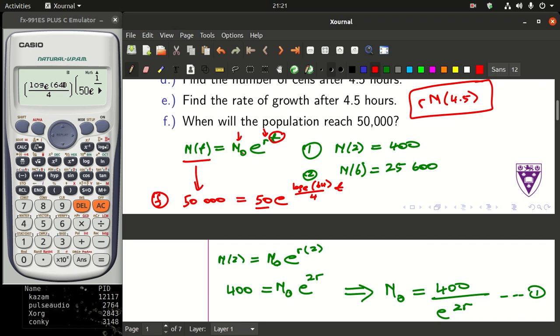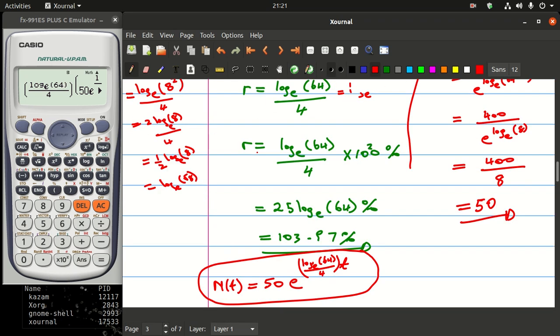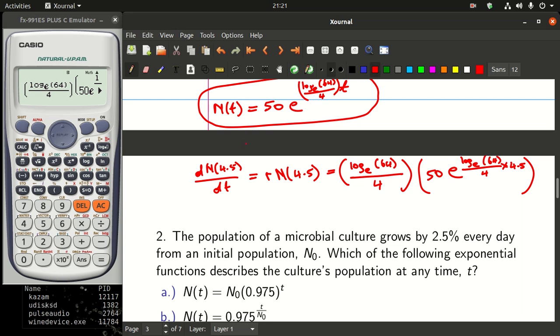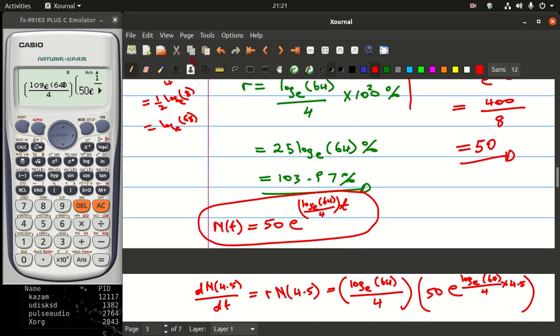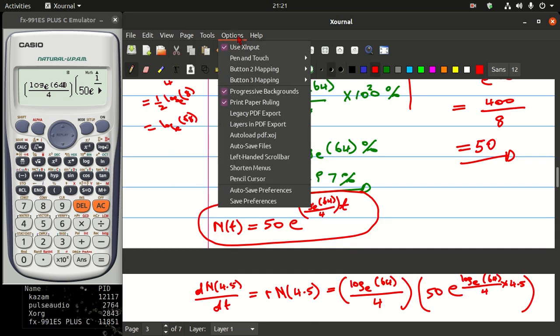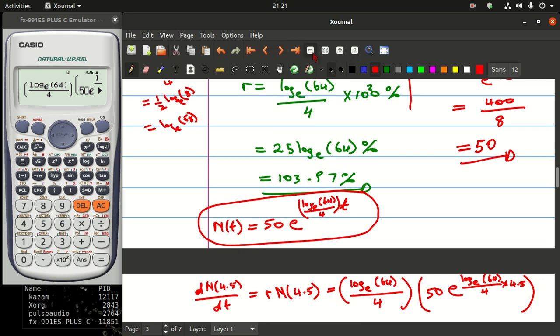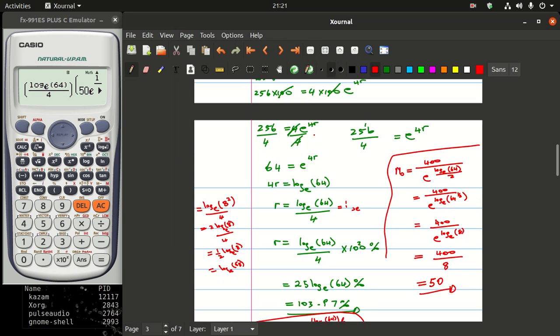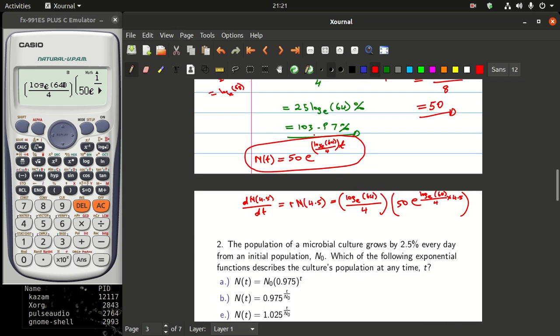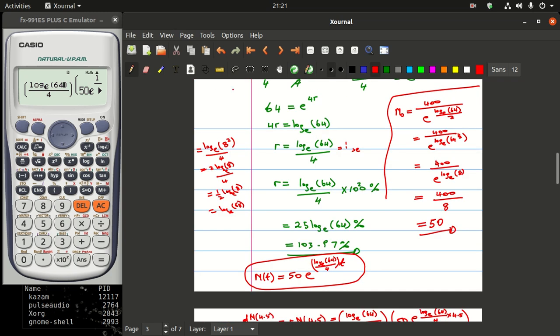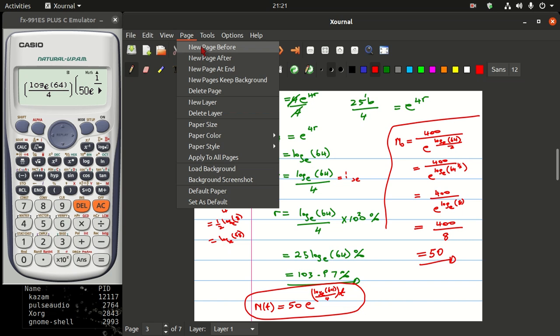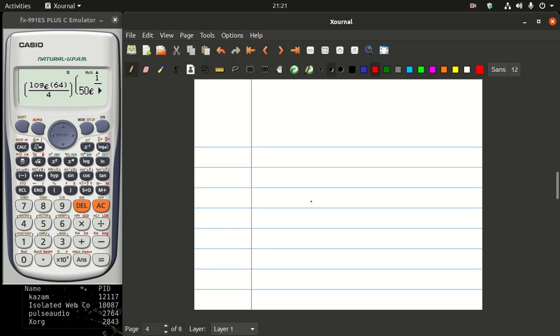Let me just add a page after. Okay, so we said, how long will it take for it to reach that?